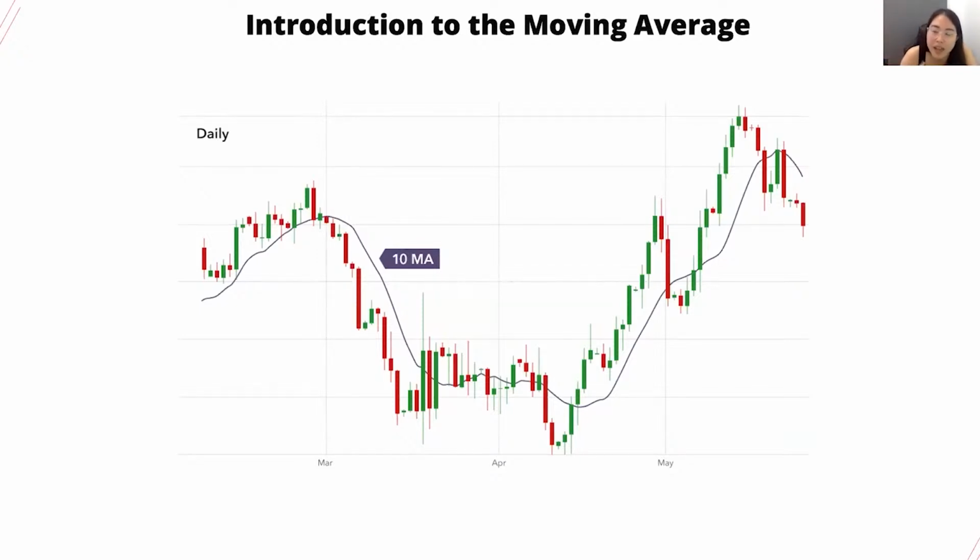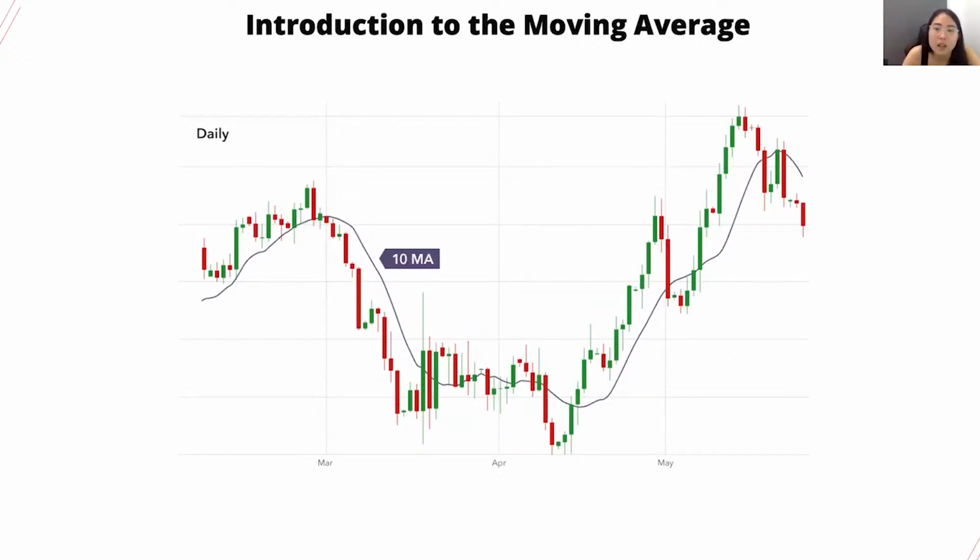But it doesn't mean the van is completely useless. The van is still going to get you from point A to point B. It's more fuel efficient, maybe. It gives you more room. You can fit more people in the van compared to the Ferrari. So every indicator has its pros and cons, okay? So the moving average as well has its pros and cons, even though it is a lagging indicator, and we will look into that.